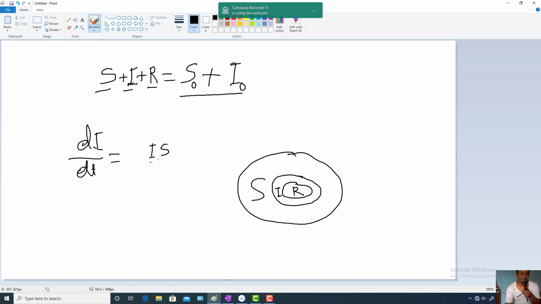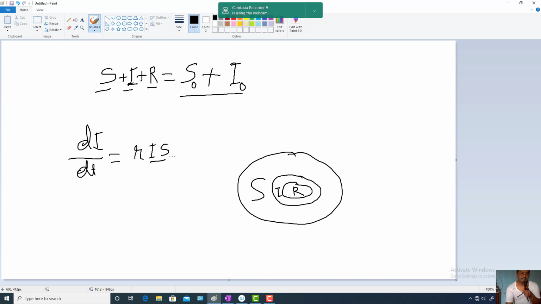The whole population is susceptible, so theoretically they can all contact each other. So the rate of increase of infected people is directly proportional to the total contact IS, and r is the transmission rate between the contacts. Then dI by dt is equal to this much.